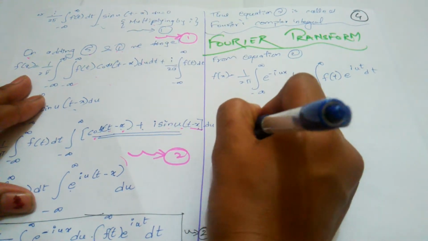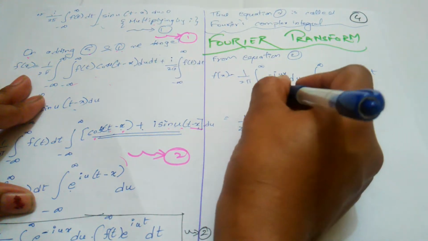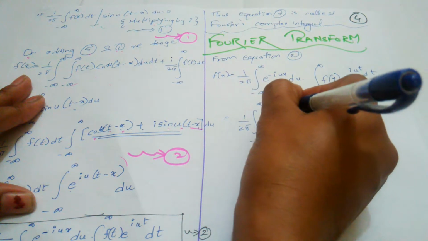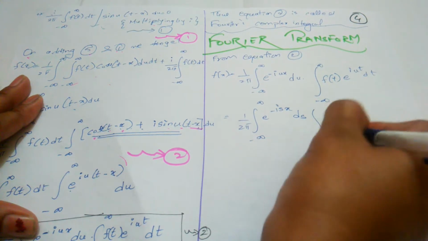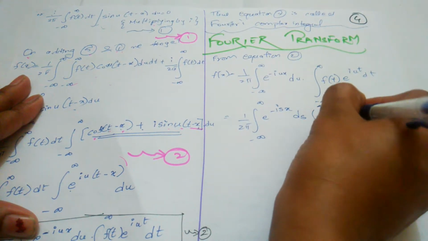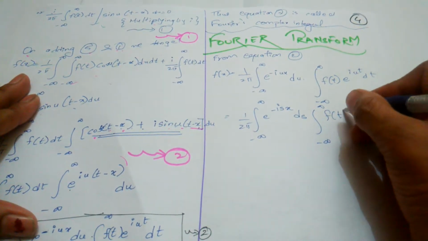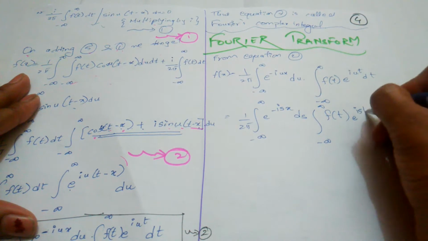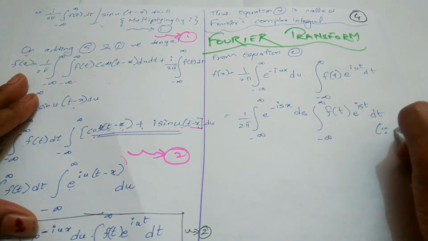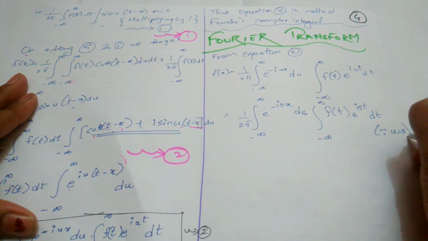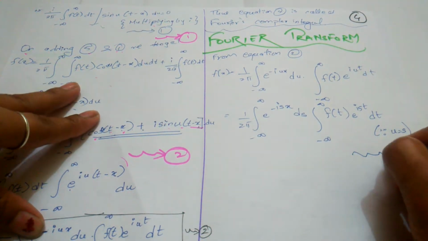So it is 1 upon 2 pi integral minus infinity to infinity e raised to minus i s x ds, again integral minus infinity to infinity f of t e raised to i s t dt. As I told you, u is equal to s. Now let me mark this as equation number 1.